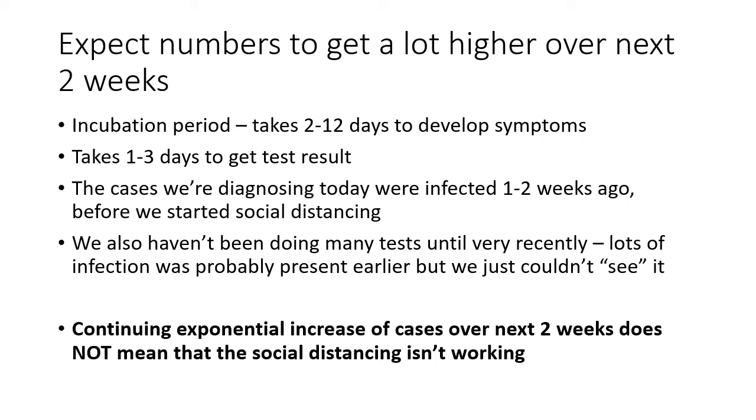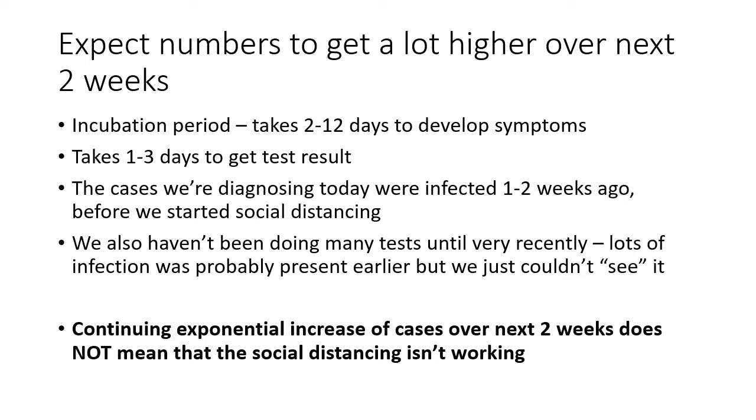We also haven't been doing very many tests, as I mentioned, so there's probably a lot more virus around than we thought there was, and as we increase the numbers of tests, we're going to have increased numbers of positives. So plan that we are going to continue to see exponential increase in the numbers of cases over the next 2 weeks. That doesn't mean that the social distancing isn't working. It just means that there's this baked in delay of 2 weeks.